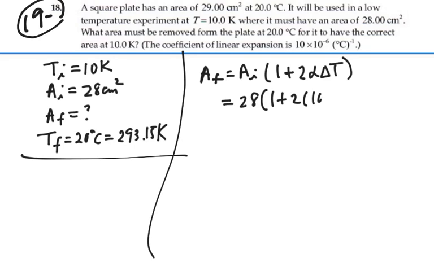Alpha is 10 times 10 to the minus 6. And our change in temperature is going to be our final temperature, 293.15, minus our initial temperature, 10. All this in parentheses. So if we calculate that, 283.15 times 20 times 10 to the minus 6.